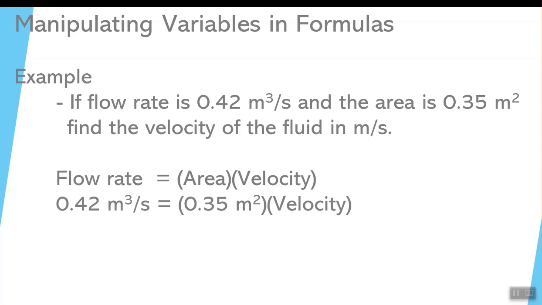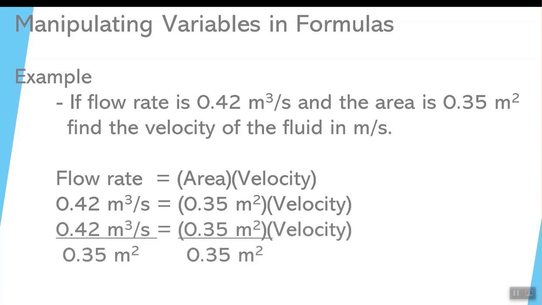So how do you move that 0.35 over to the left-hand side? Well, notice they are being multiplied together. Opposite of multiplication is division. So if you divide both sides by 0.35 meters squared, notice on the right side that cancels out. It's divided by itself, so that's 1.